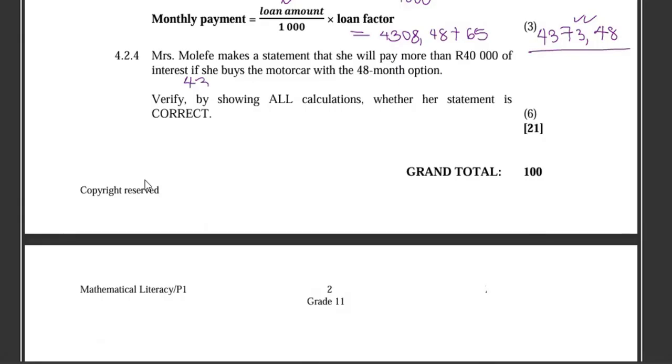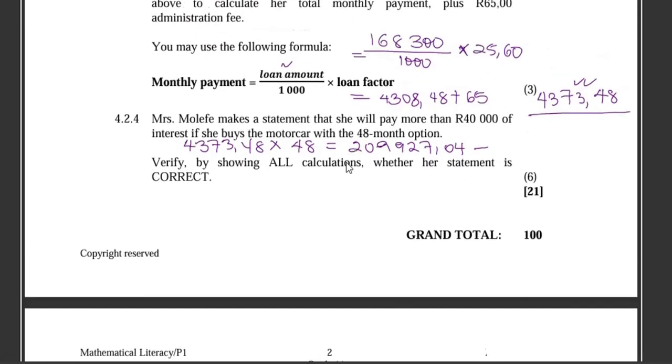So we are going to say times 48 because of the months. When you do that, you end up having the answer 209,927.04. So what are we going to do? We shall subtract the loan amount, this one, because it's the one that's going to carry interest. So minus this much.